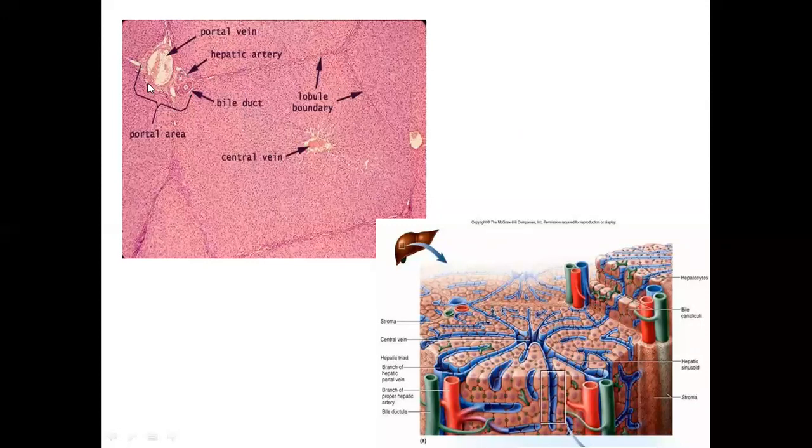This is the portal area. This is the central vein, the hepatic sinusoids, and these are the portal areas around the liver lobule. These portal areas contain the terminal branches of the hepatic artery, portal vein, and the bile ducts.